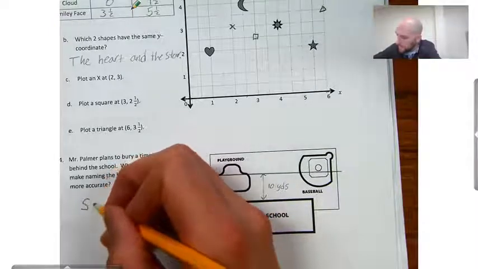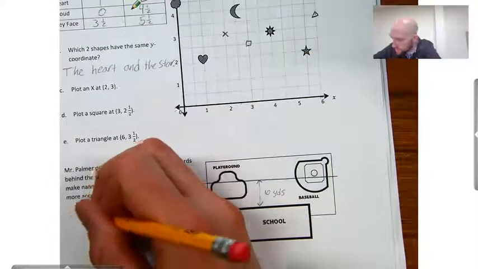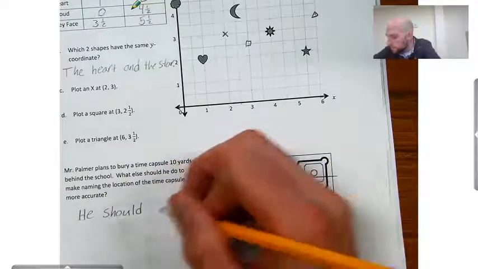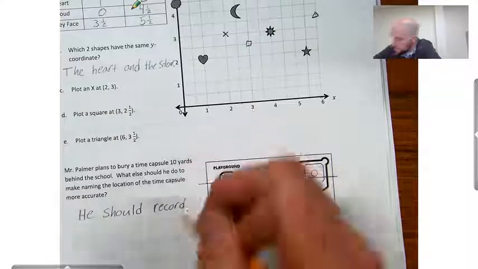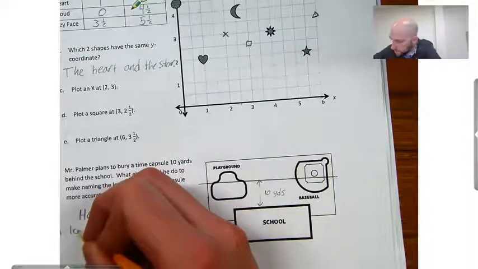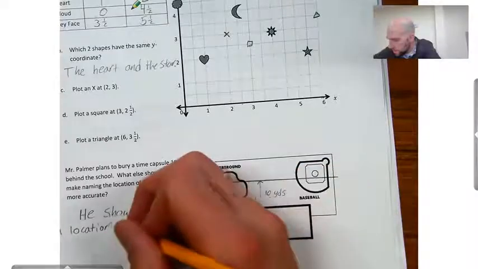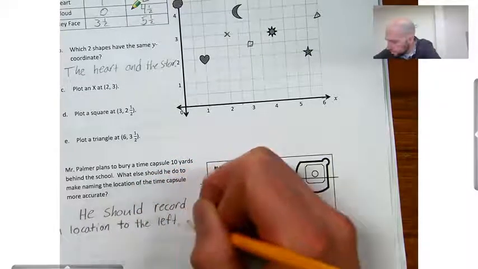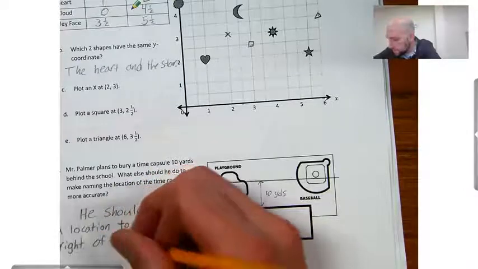So I guess what we're going to say is he should record a location to the left or right of another object or another location.